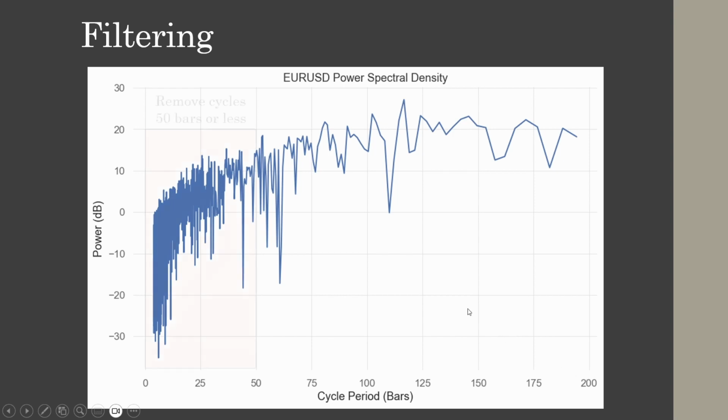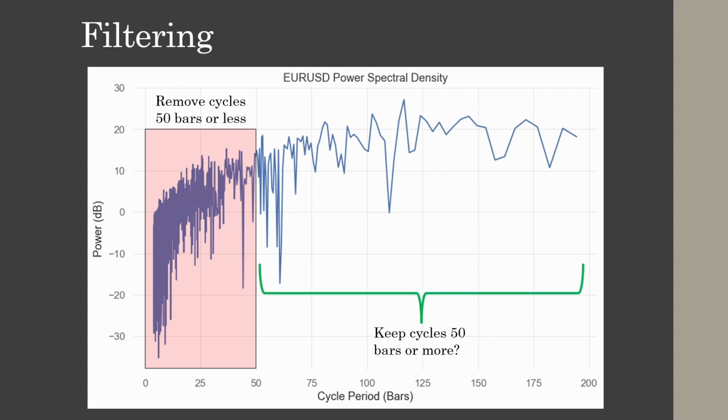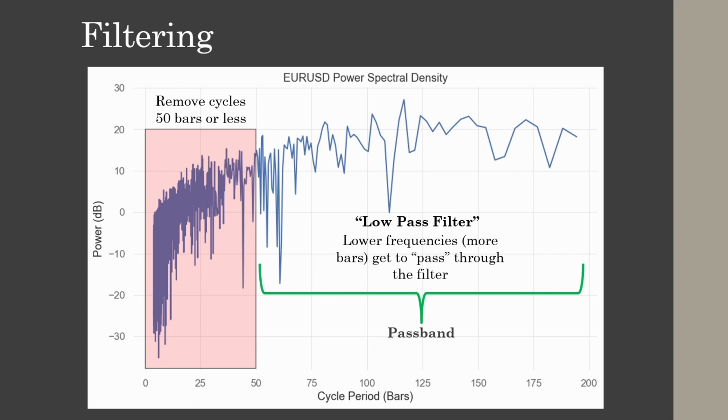So with a filter, what we want to do is basically select some of these frequency components, and we want to filter them out. And we want to let all of the longer cycle periods pass through. And so this is what's called a low pass filter, meaning lower frequencies get to pass through the filter pretty much untouched. And this area is called the pass band. This is something we'll be talking about here in a little bit.